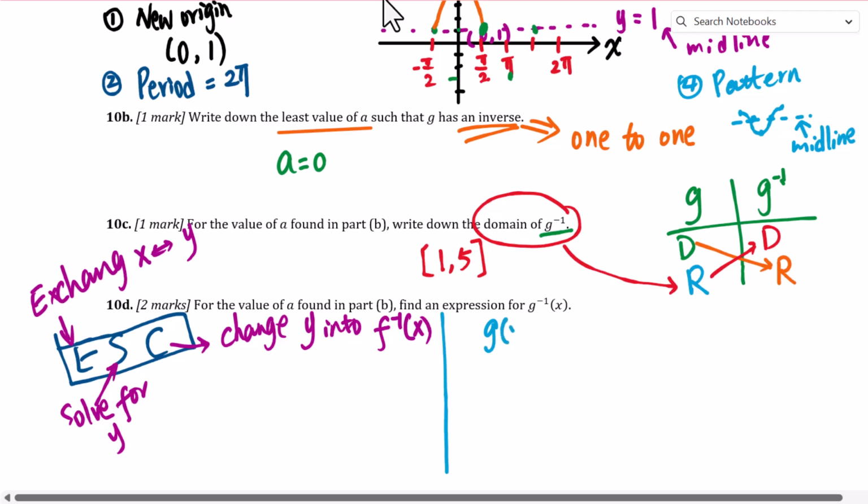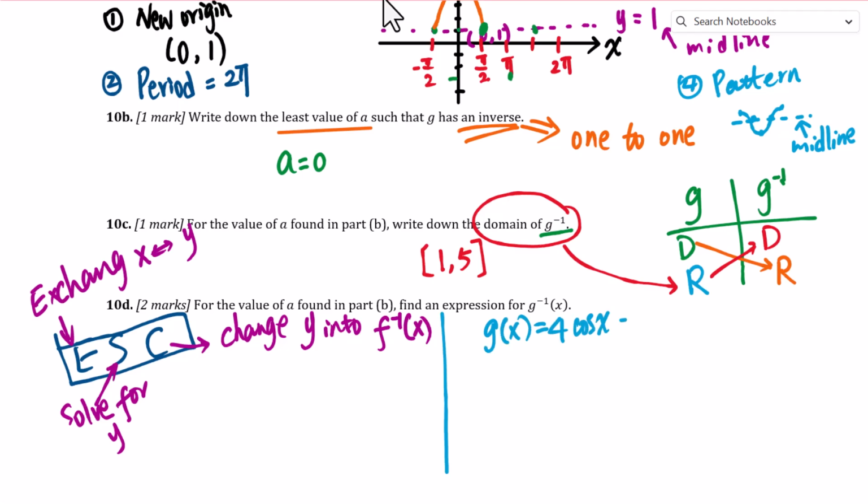So for g of x equals 4 cosine x plus 1. First step, exchange x and y. We know g of x is y. So we will change g of x into x, and x into y: x equals 4 cosine y plus 1. Second step, solve for y.